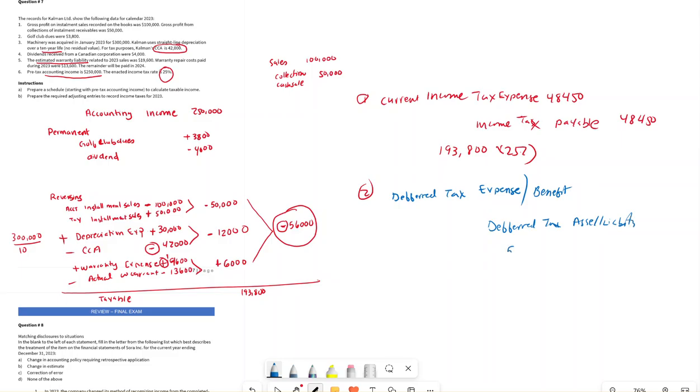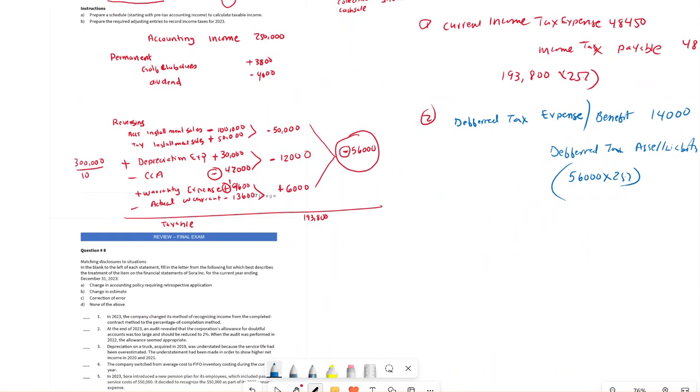The amount is 56,000. I multiply by the tax rate, which is 25%. I have to calculate it. 56,000 multiplied by 25%, and I will get 14,000. So my entry will be 14,000 here. This will be 14,000.